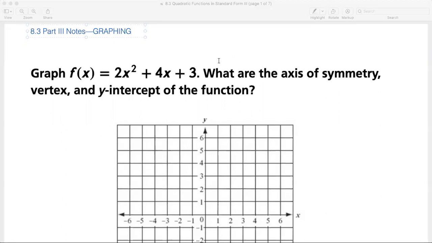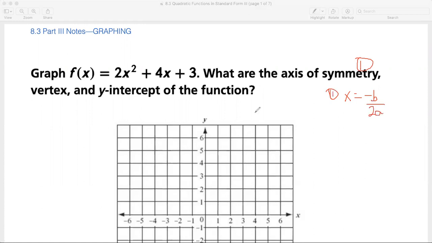So let's find our axis of symmetry. Our axis of symmetry, which I'm going to call number 1, uses our formula x equals negative b over 2a. You should have this memorized. You did this a lot in the notes and in our last assignment.